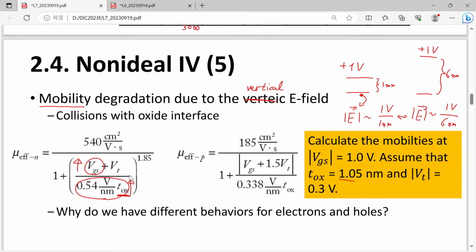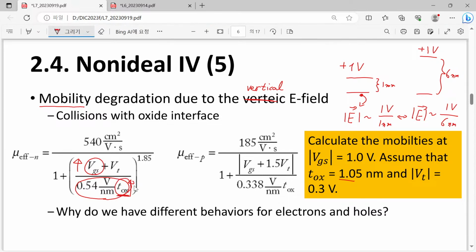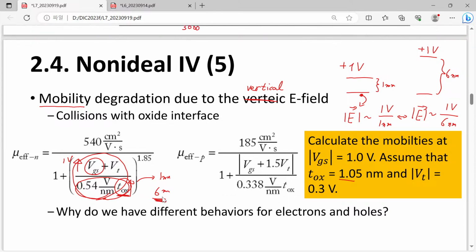So simply speaking, when you have 1 nanometer oxide and 6 nanometer oxide, although you increase 1 volt, your 1 volt increase of gate voltage is just underrated when you have thicker oxide thickness. Okay, so that is obtained here.